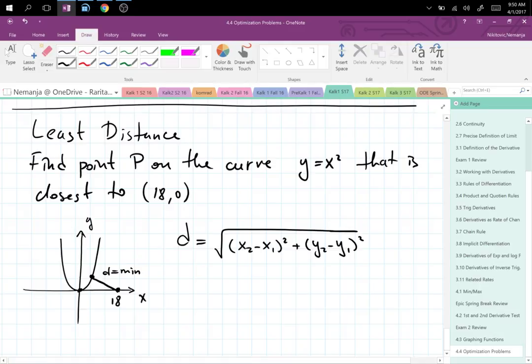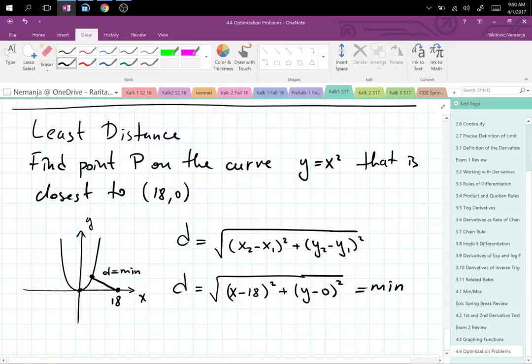So the equation is square root of x minus 18 squared plus y minus 0 squared, and that needs to be a minimum.